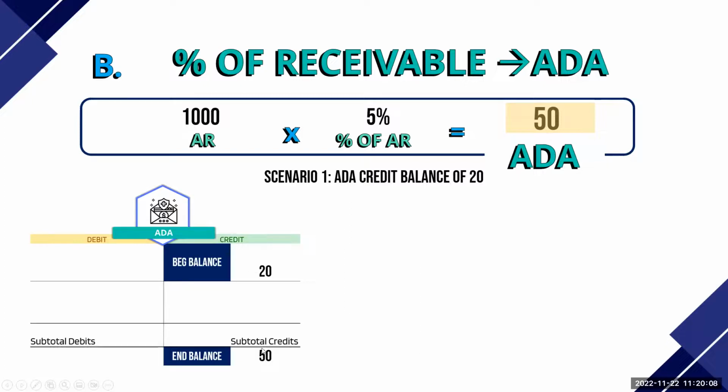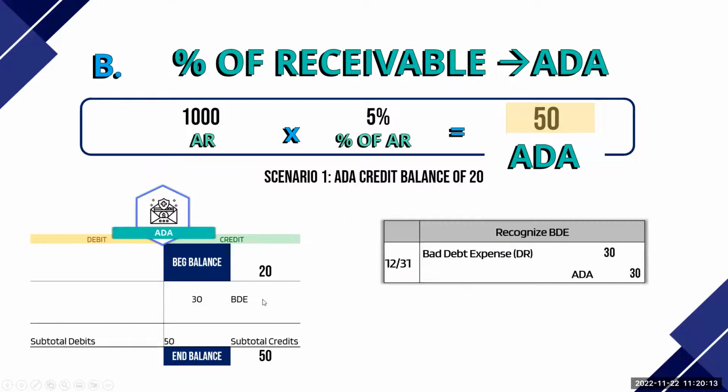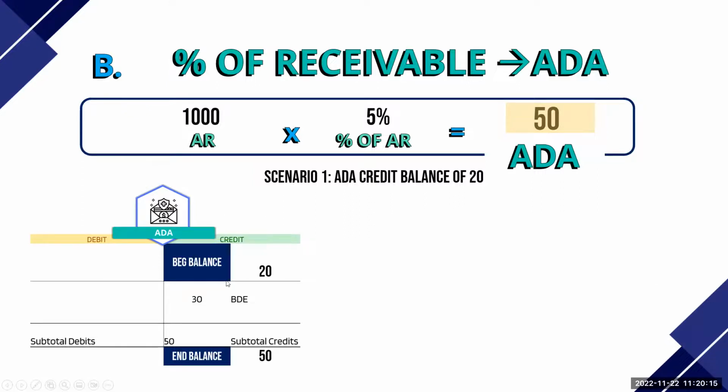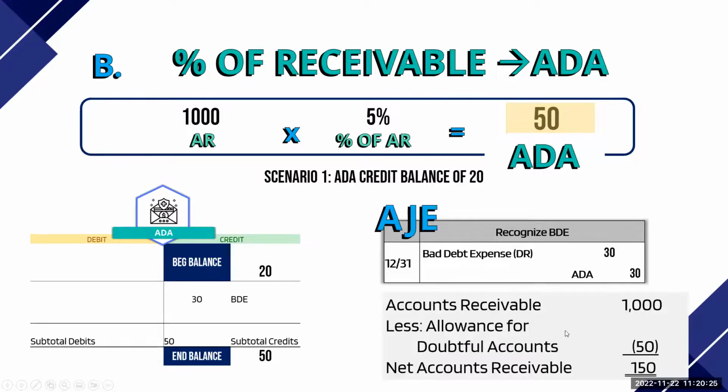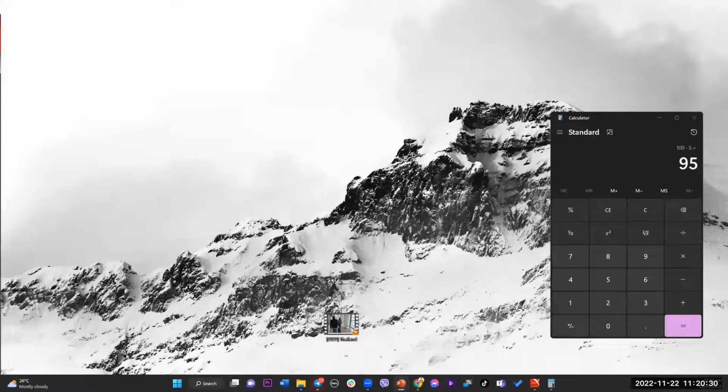So since 20 to and gagawin natin 50, we need a 30 na credit account. Since we completed the T account for ADA, we use this entry to create the adjusting entry BDE 30, ADA 30. And then at the ending balance of 50, so 1,000 minus 50 is equal to 950, right?